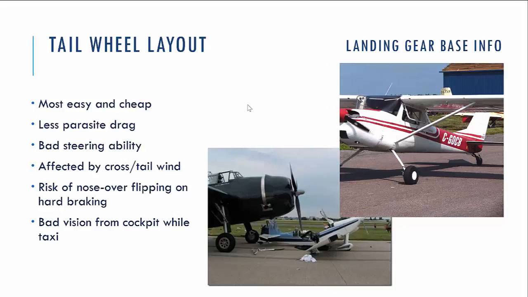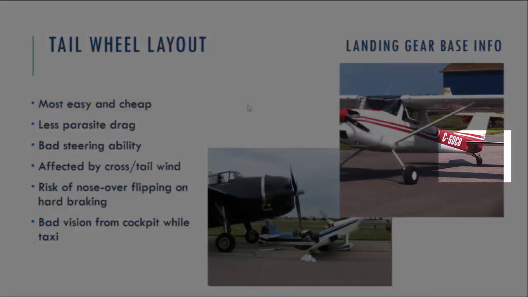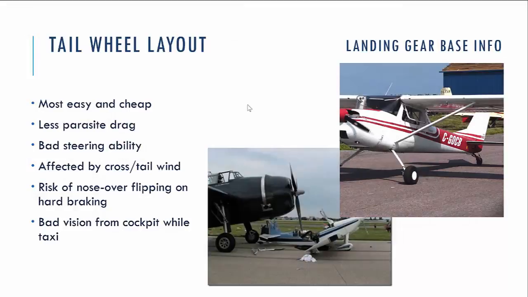This construction is almost easy and cheap, and this small tail landing gear creates less parachute drag. But we don't have any way to directly control the direction of the aircraft while taxiing, while moving. An aircraft with this landing gear has bad steering ability.